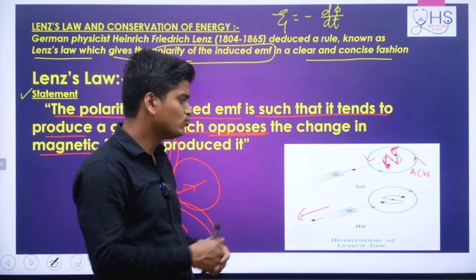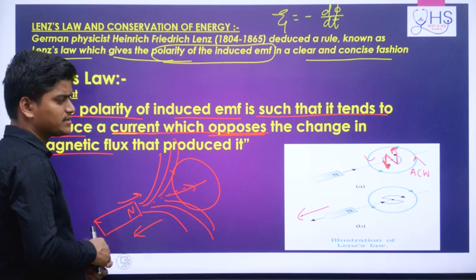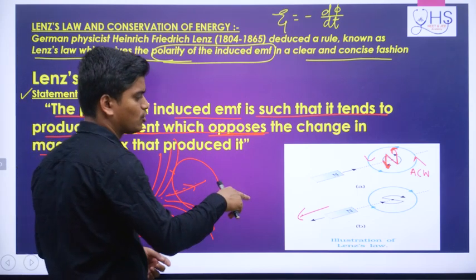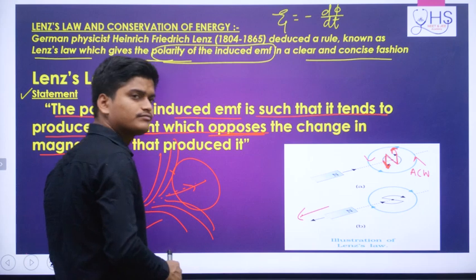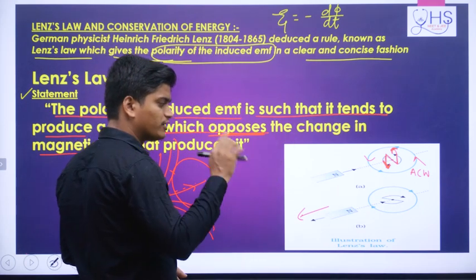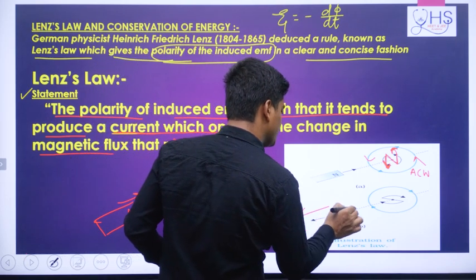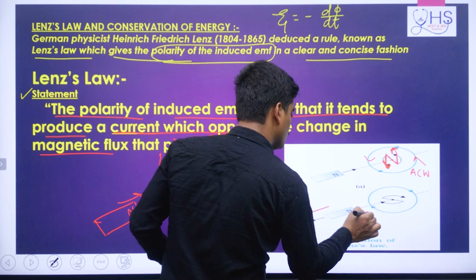Then what will happen? Due to the change in the number of magnetic field lines through the coil, the flux is changing. Now the current will be produced in such a way that it will try to oppose that. So it will try to increase the flux, or it will try to attract this magnet. Who is trying this?